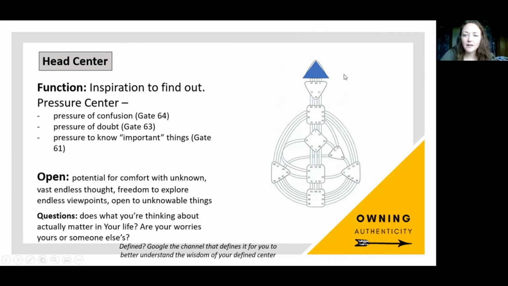For example, the head center only has 3 gates, so there are only 3 channels that can activate the head center. I think only something like 30% of people have a defined head center.